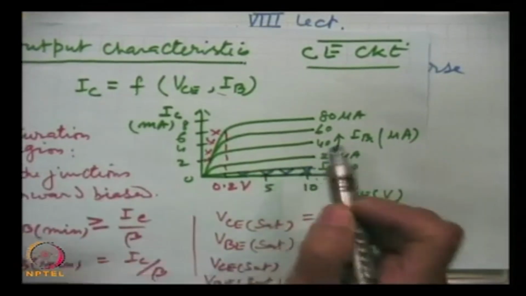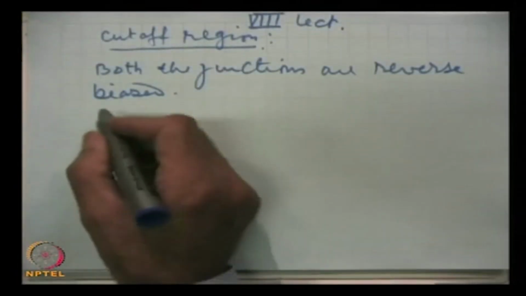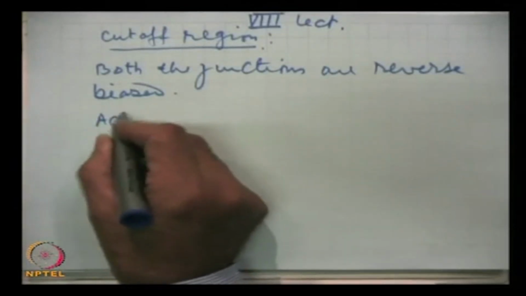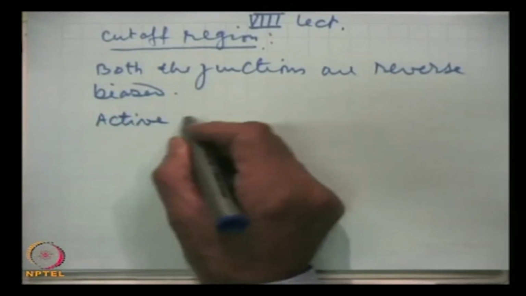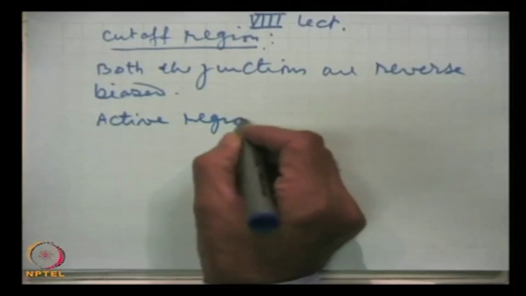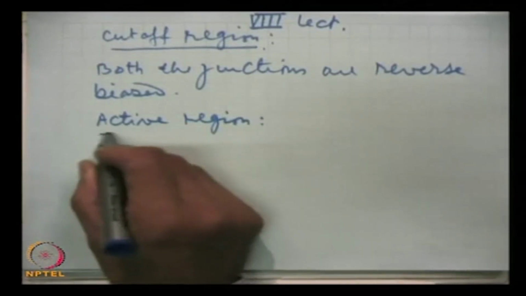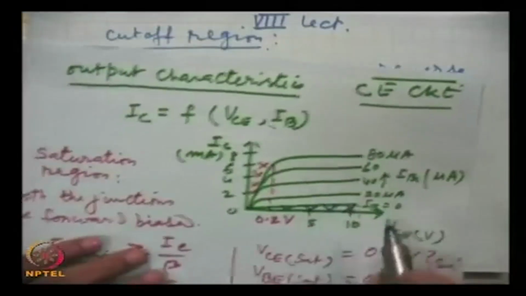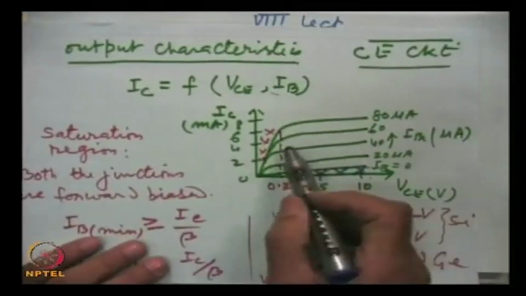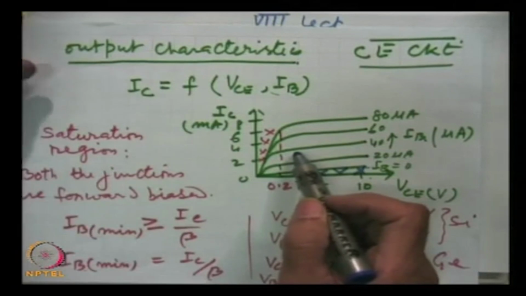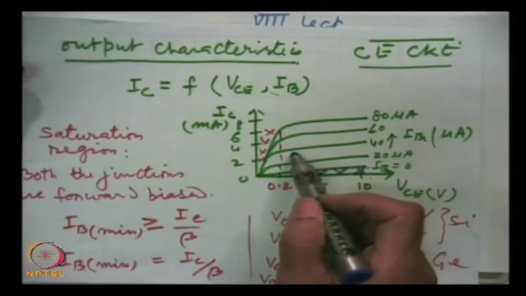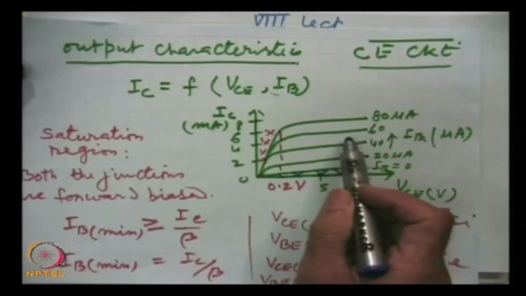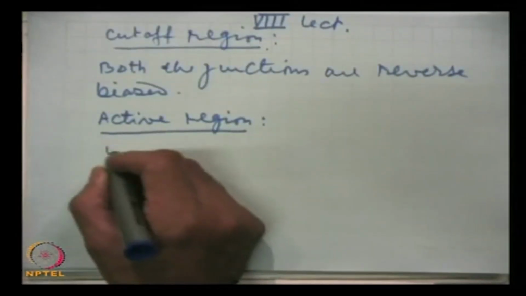It is the most useful. In the active region the emitter junction is forward biased and the collector junction is reverse biased.